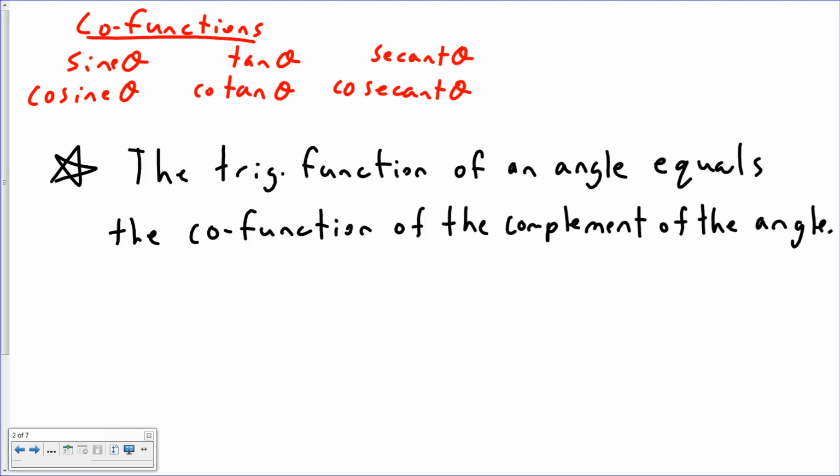Trig function of an angle equals the cofunction of the complement of the angle. The sine of A is equal to the cosine of 90 minus A.